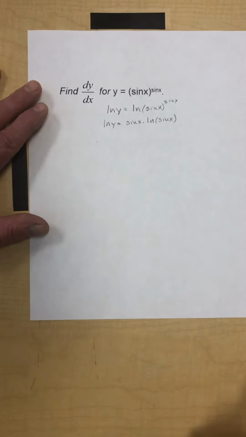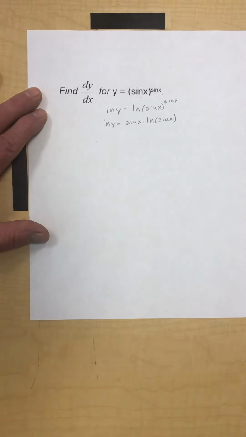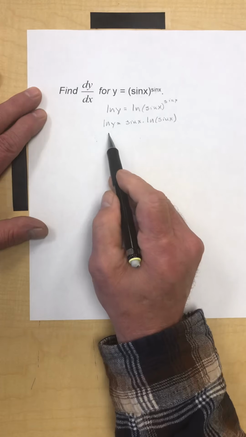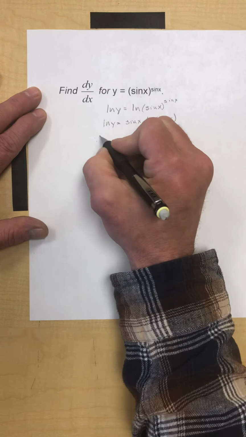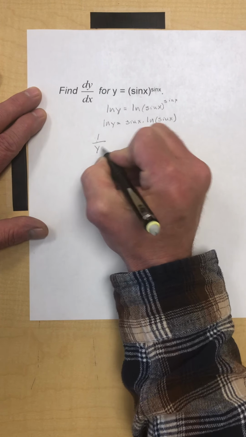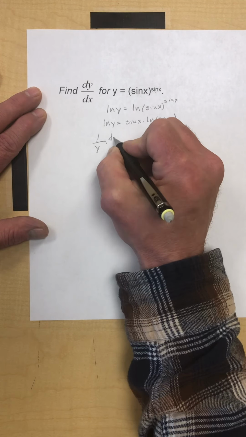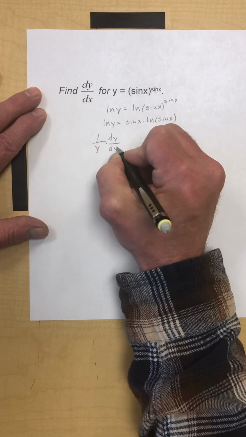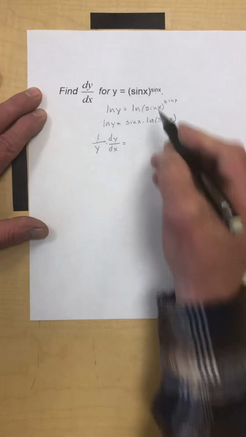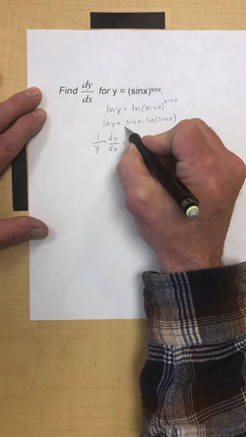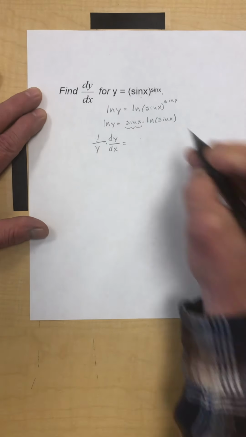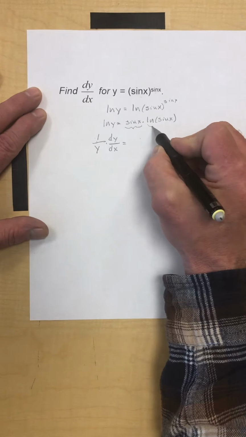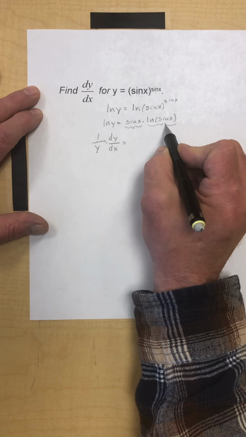So now I can differentiate. Just take the derivative from left to right. So the derivative of the natural log of y would be 1 over y times the derivative of y, which is dy dx. On the right-hand side, you've got a product. You've got this function sine of x, and then you have this function, the natural log of the sine of x. So we've got to use the product rule. So we take the first times the derivative of the second.